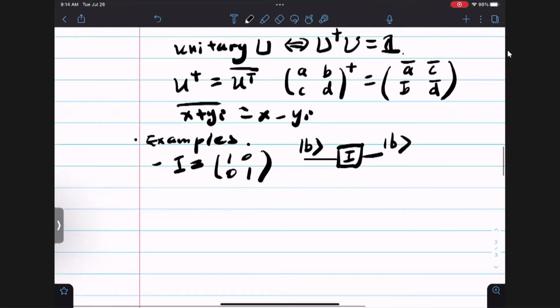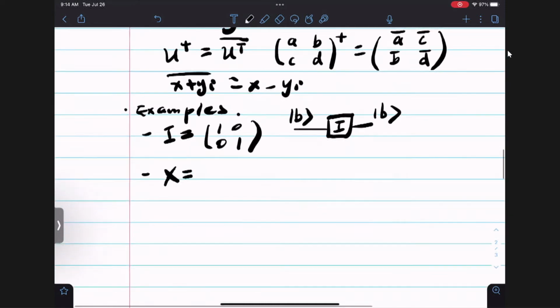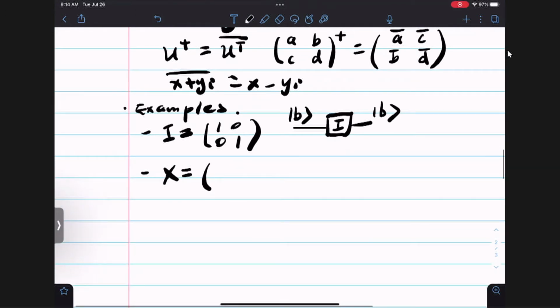Okay, so this is identity, and then another interesting gate, well, maybe not so interesting, is the X gate, X operator. So the matrix form is this, and you can probably tell by matrix multiplication in your mind, and figure out this is actually just flipping the bit.